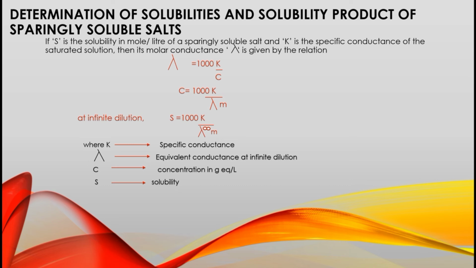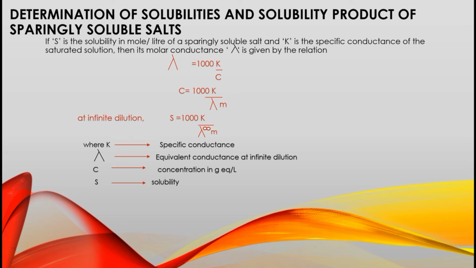Next is the determination of solubilities and solubility products of sparingly soluble salts. If S is the solubility in moles per liter of a sparingly soluble salt and K is the specific conductance of the saturated solution, then its molar conductance lambda is given by the relation lambda = 1000 K upon C. If we take C up, we get C = 1000 K upon lambda m.